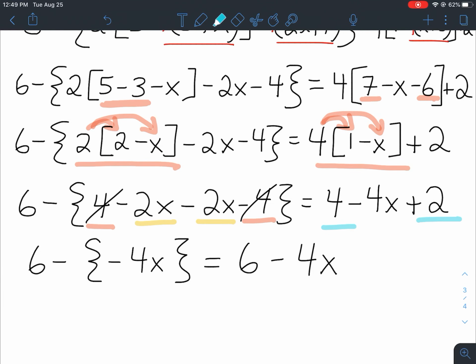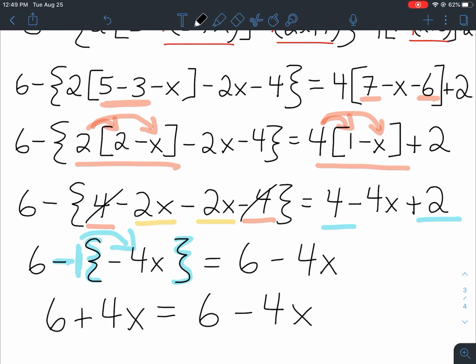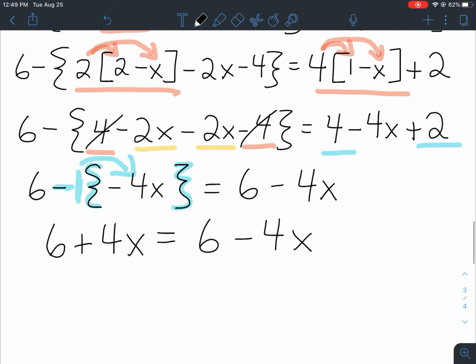Okay, and I'm getting very close here. So now these brackets are acting as if they were parentheses. And I see I have a negative sign out front of them. So what I have to do is I have to multiply it by -1. So make sure you multiply here. So I keep my 6, and then I do -1 times -4x, which is positive 4x. And now I'm getting very close to the end.